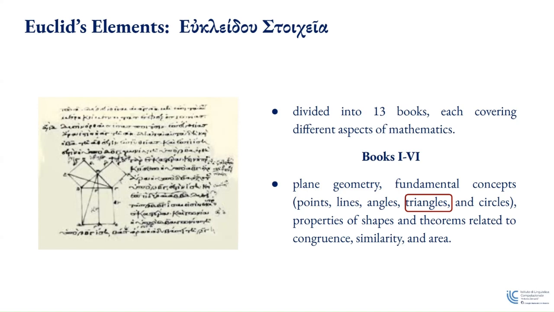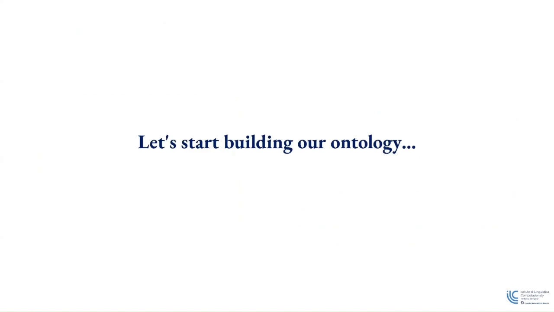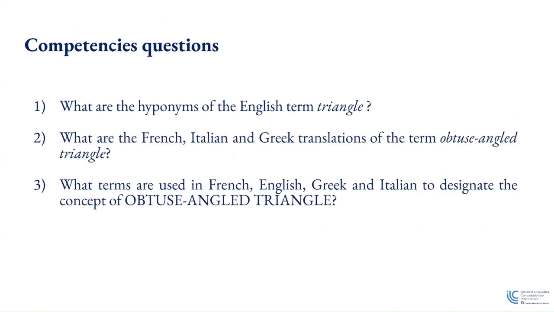Today, we will work with the triangles, and we will try to formally define, by using Protege, the definition Euclid gave us about triangles. So let's start building our ontology.